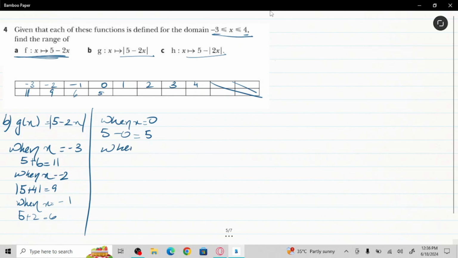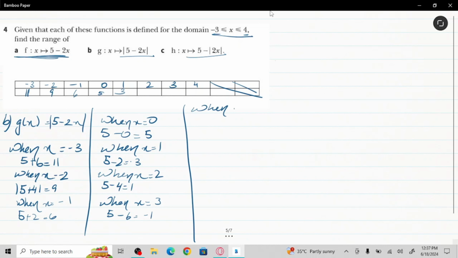When x equals 1, 5 minus 2 equals 3. It's 3, yes. Okay, so again 3. When x equals 2, 5 minus 4 equals 1. When x equals 3, 5 minus 6 equals negative 1.